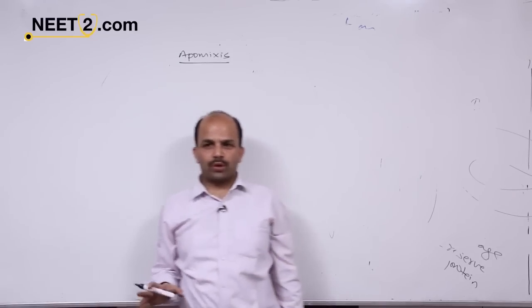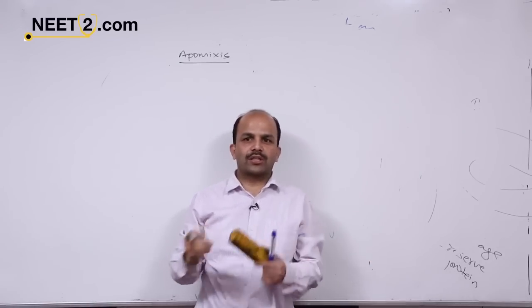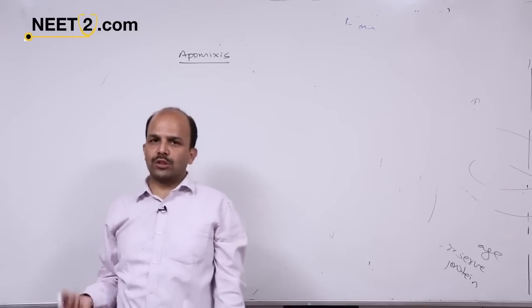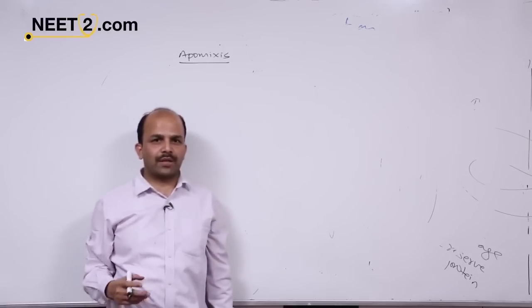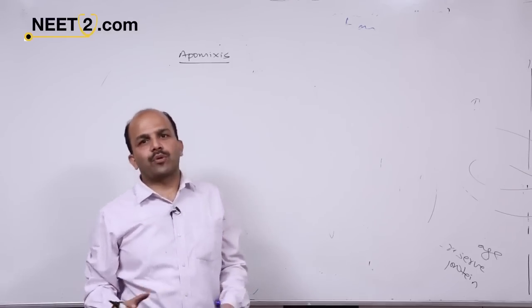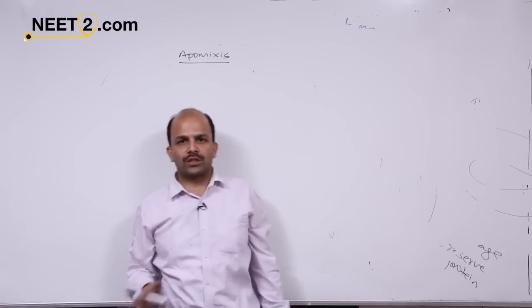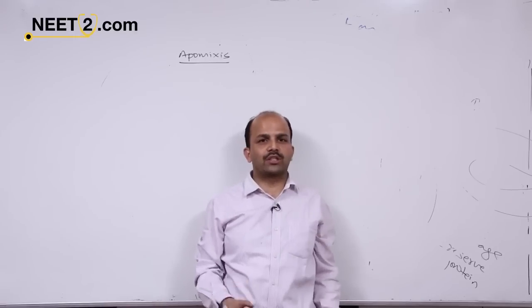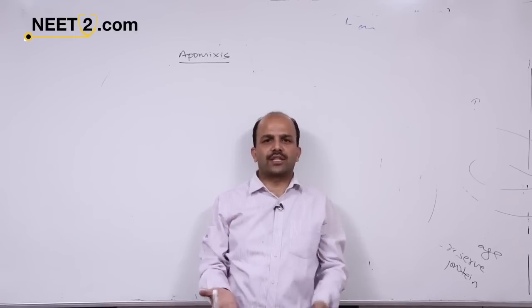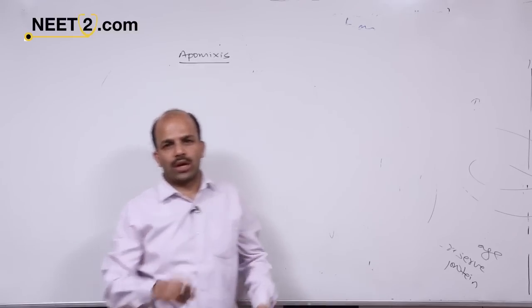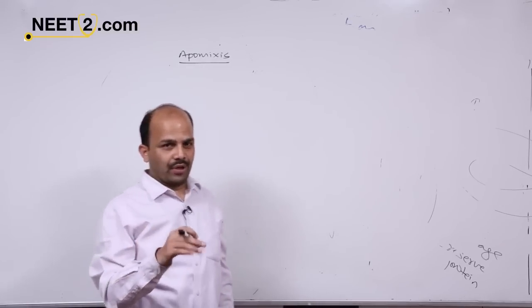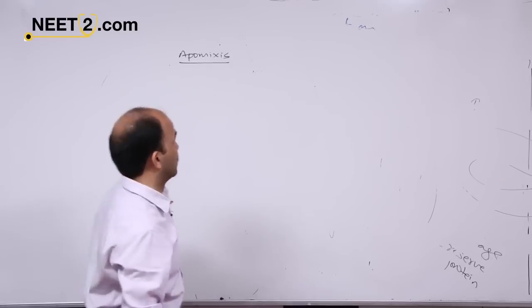In sexual reproduction, there was gametic fusion, and seed formation happened through gametic fusion. That process was amphimixis. Amphi means both. If reproduction occurs without gametic fusion, then the process will be called apomixis. Apomixis, that is asexual reproduction. Technical term for sexual reproduction is amphimixis.